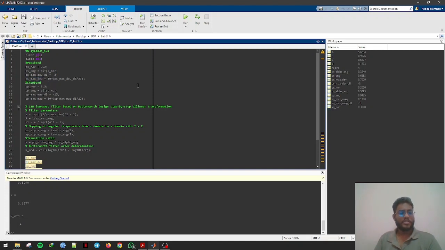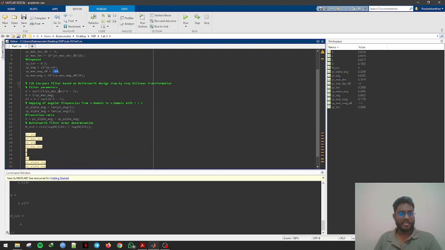The maximum stop band magnitude in decibels is given by SP max dB, which is negative 15, and SP max equals 10 to the power of SP max dB divided by 20.